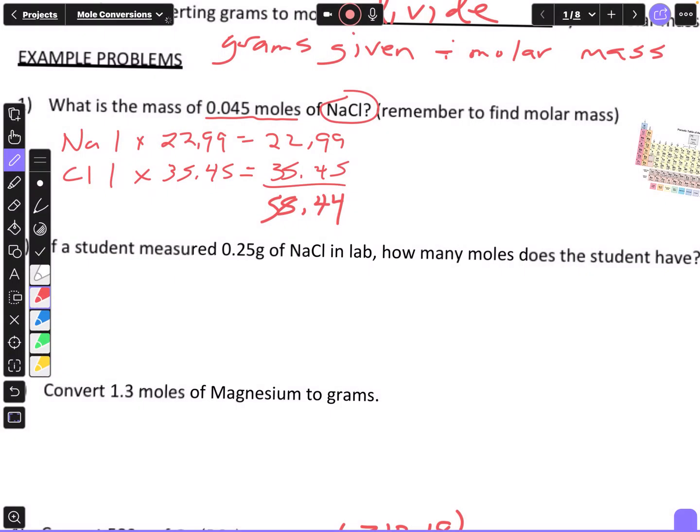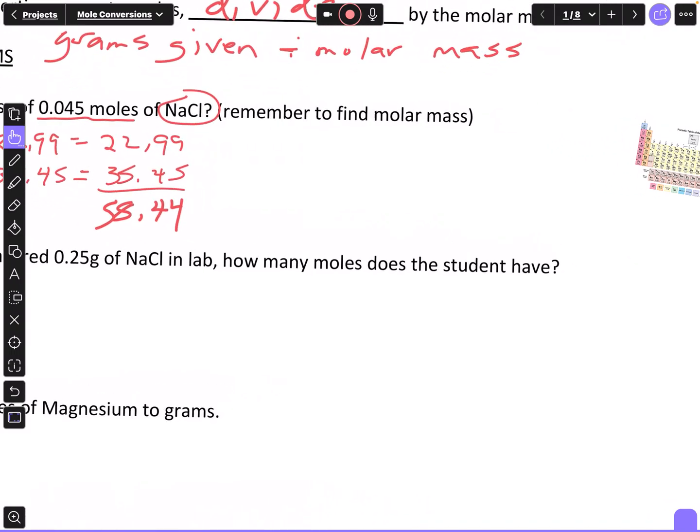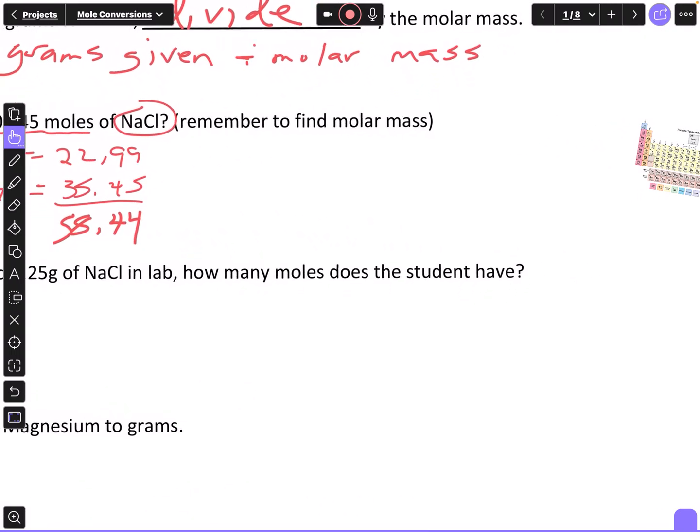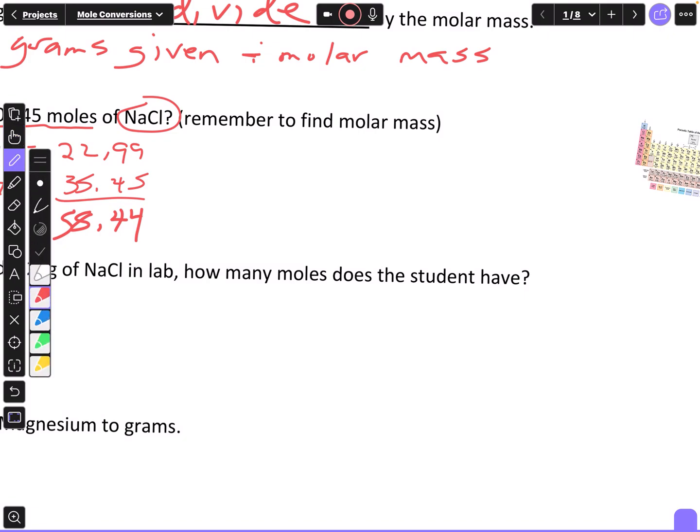That's going to be my conversion factor. And what that means is one mole of NaCl is equal to 58.44 grams. That's my conversion factor. That's what I'm going to use to convert.